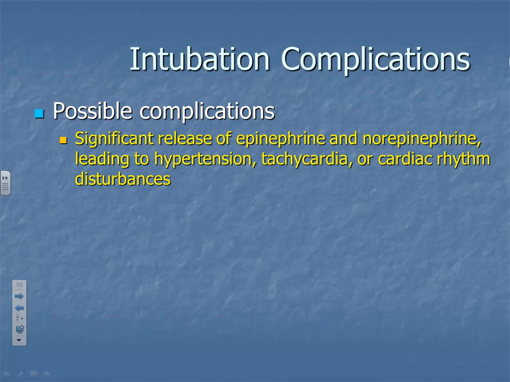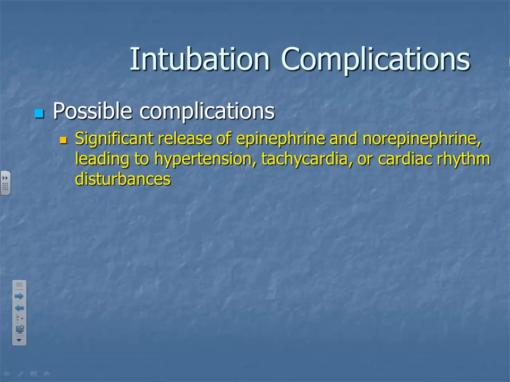Possible complications. Now, also, when we stimulate the back of the throat on a child, what happens? It stimulates a vagal response, which will cause what to happen? Bradycardia. Yep, they become bradycardic.